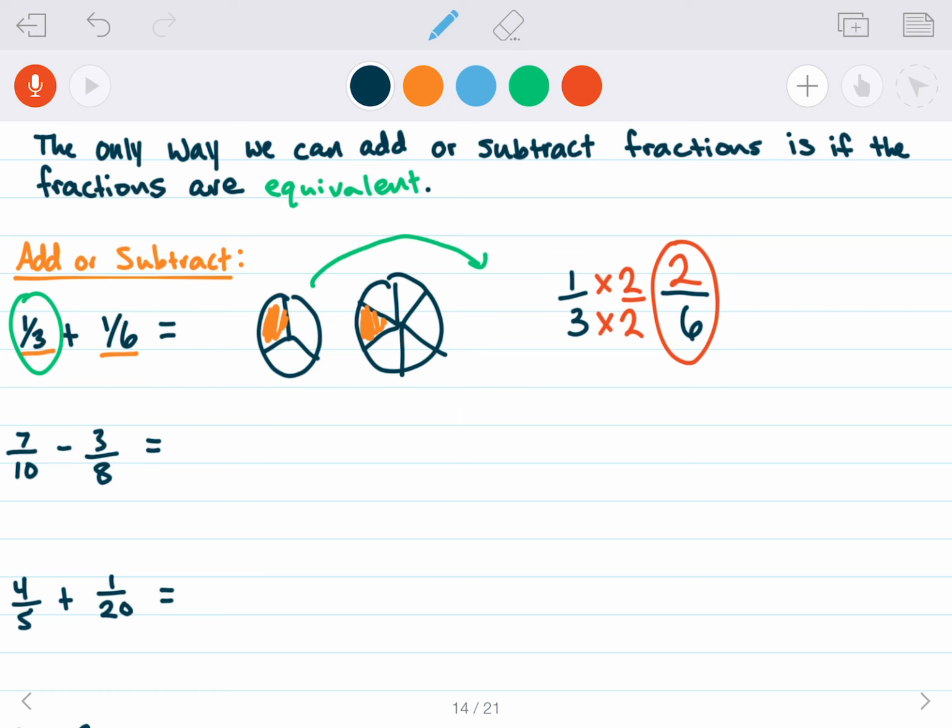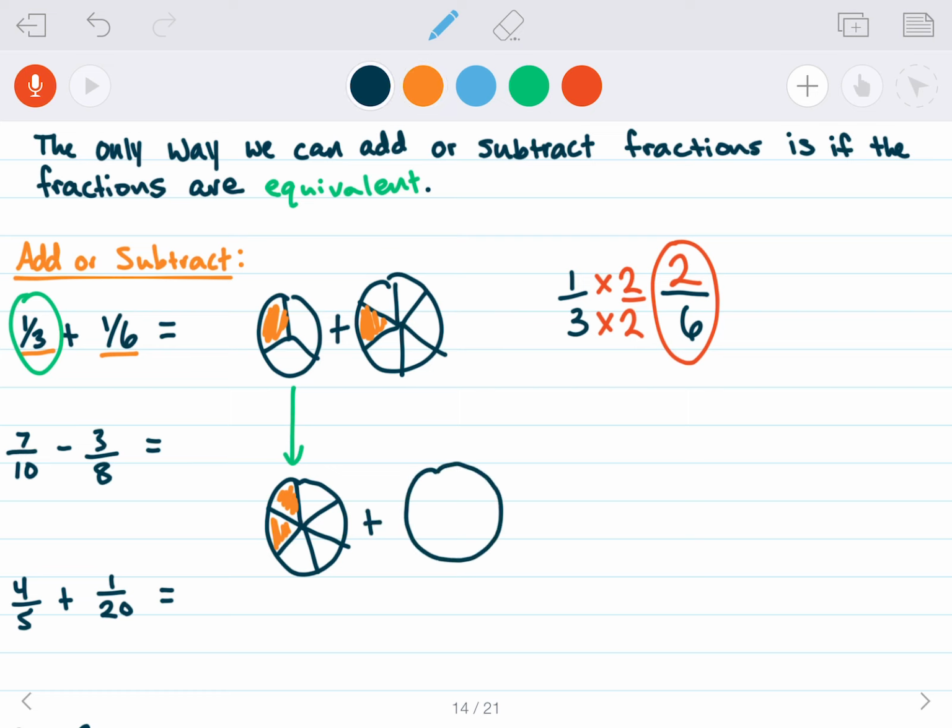So this 1/3, and maybe I'll actually draw it down here just so you guys can visualize it a little bit better. This 1/3 is secretly 2/6. Right, so let me draw this. So this 1/3 is actually really this when we cut it up more. And now we can see what's happening here.